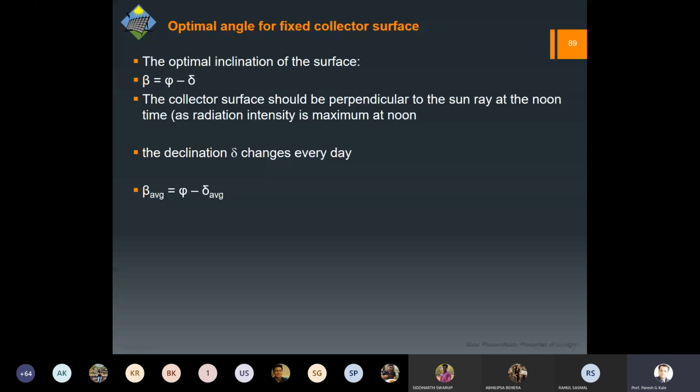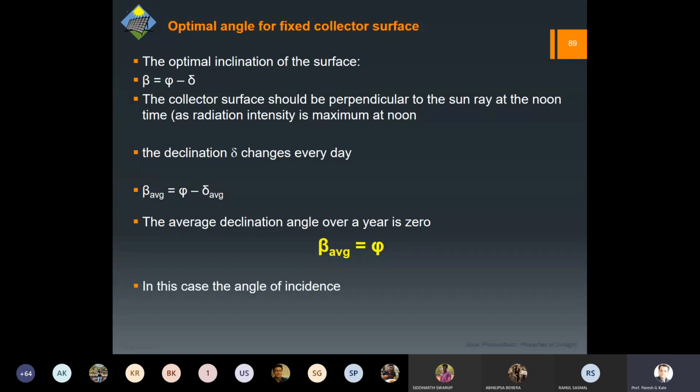So delta becomes 0, and that's why the average beta should be equal to the latitude angle. That is the reason the angle at which we fix these collectors is equal to latitude. It means, suppose we are in Rourkela, we'll be fixing the panels at about 22 degrees from the earth.